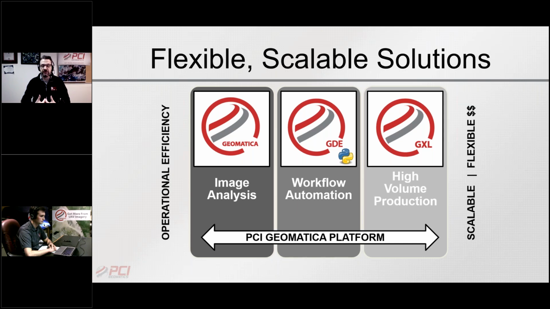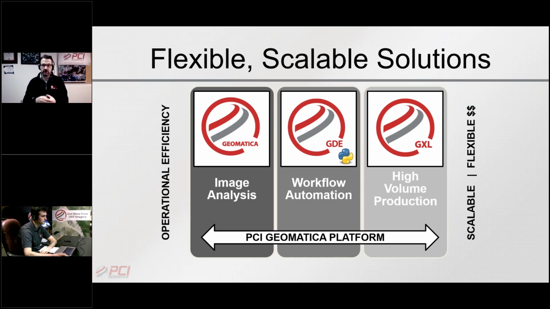We've been around for 37 years, PCI has, so we've been developing this technology, and it's all available as individual algorithms. Those algorithms can be put together into workflows using our Python API, which allows you to automate workflows within Geomatica tools. Or if you're looking at higher volume production, you can leverage our GXL system, which is a tailor-made system for processing large amounts of data for specific workflows.